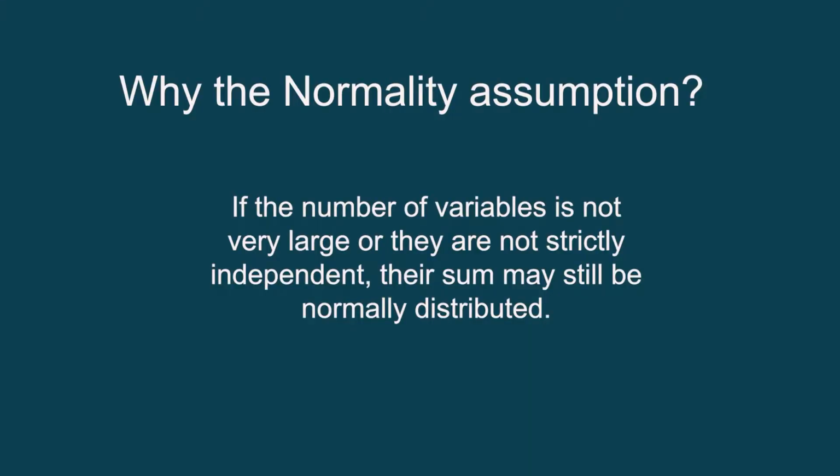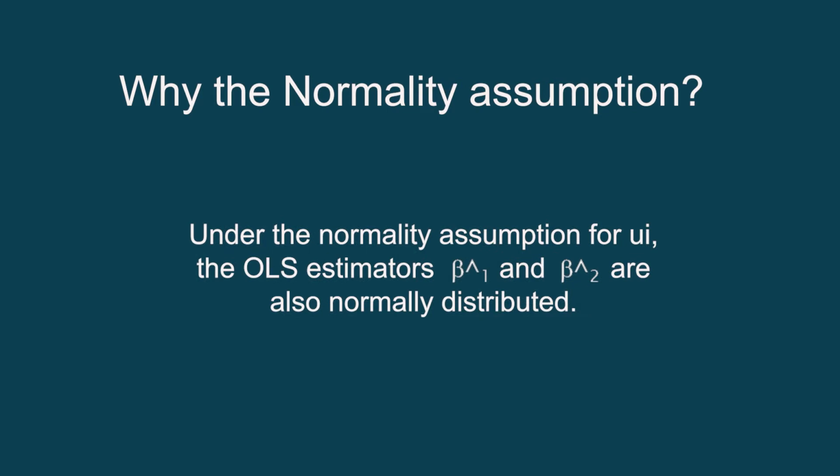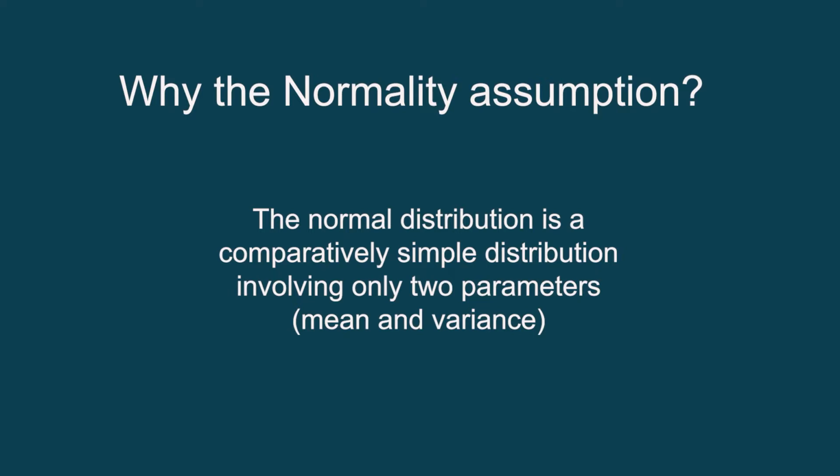Secondly, if the number of observations is not very large, then the estimation procedure will not be robust, and inferences cannot be drawn accordingly. Thirdly, the OLS estimates have to be given proper inference. That is very important in the estimation procedure. And finally, the distribution has two parameters, mean and variance, which need to be computed.